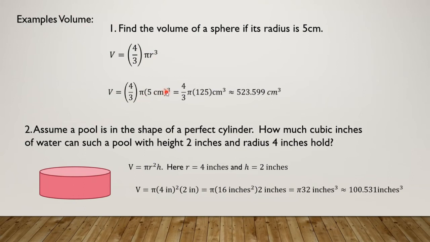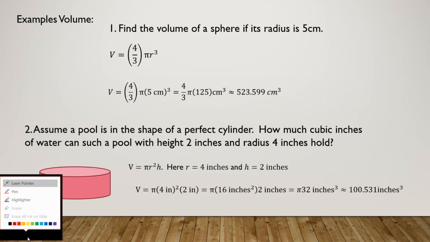Good. So we have 4/3 times pi. If you were to cube 5, multiply by itself 3 times, you would get 125 cubic centimeters. If you were to expand this, you would have 5 centimeters times 5 centimeters times 5 centimeters. Let me write that.